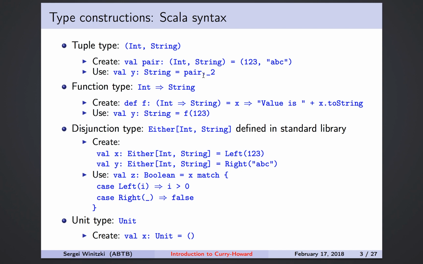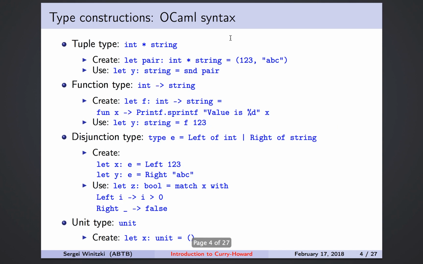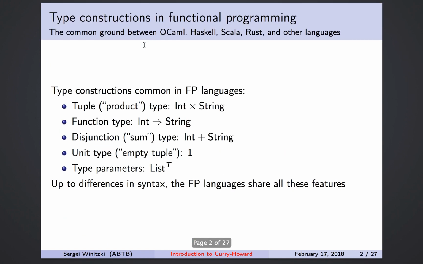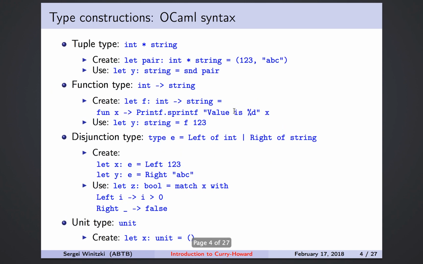Now, I gave you examples in Scala because that's the language I'm most familiar with right now. But exactly the same constructions are present in other functional programming languages. For example, just for illustration, I'll show you the same things in the OCaml syntax. The tuple type in the OCaml syntax is denoted like this, very similarly to my short notation, except for this star symbol.